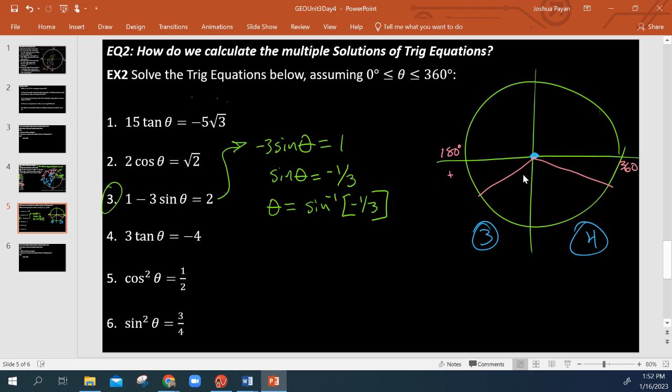First by adding 19.47 degrees to 180, that's going to give me my quadrant 3 solution, and I would have to subtract 19.47 degrees to come down this way into quadrant 4 to get my quadrant 4 solution.